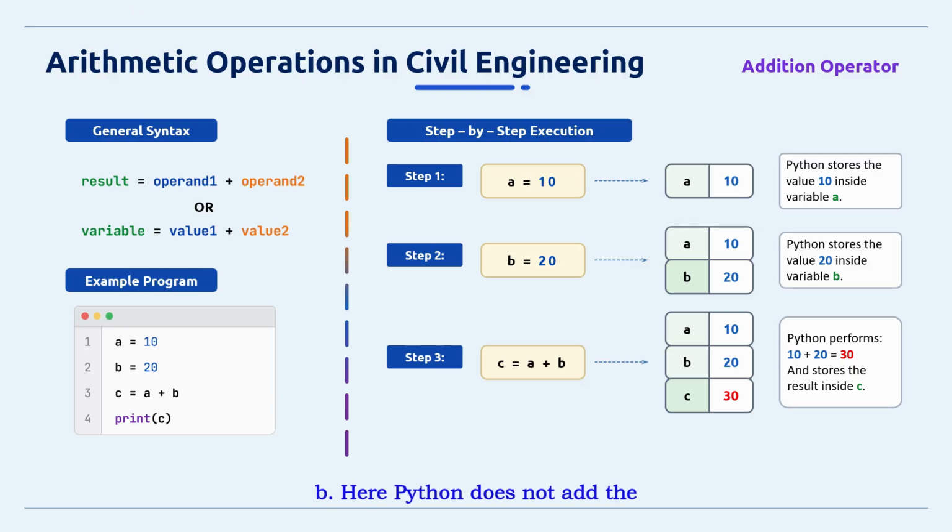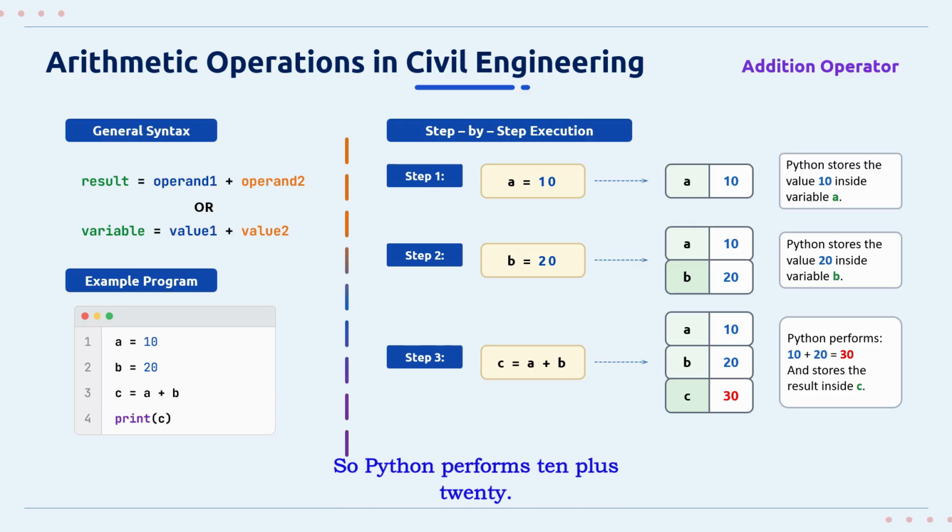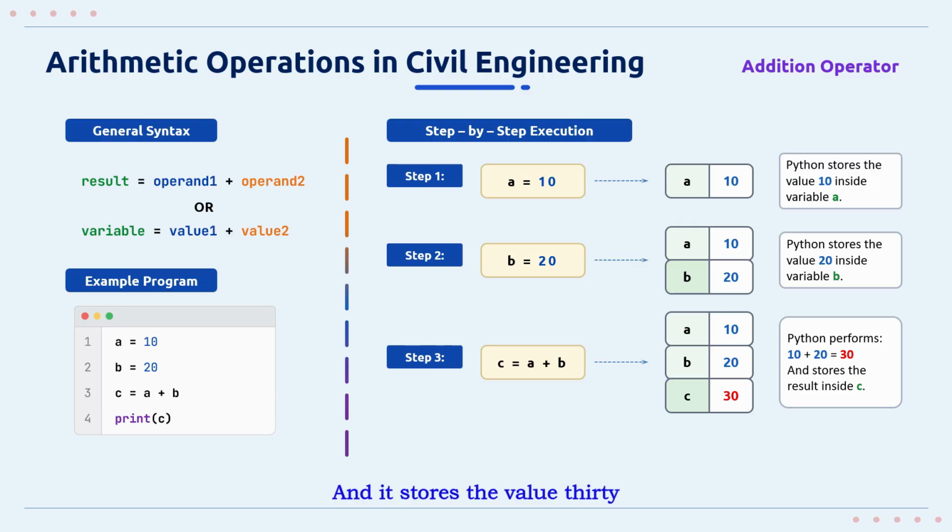Here Python does not add the letters a and b. It first checks what values are stored inside a and b. Here a contains 10, b contains 20. So Python performs 10 plus 20, so the answer is 30. And it stores the value 30 inside another variable, that is c.